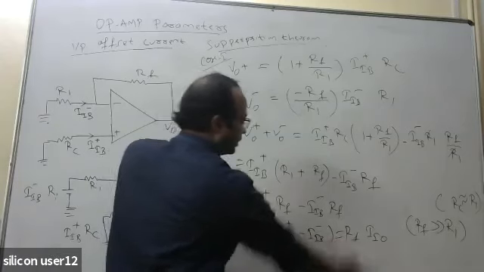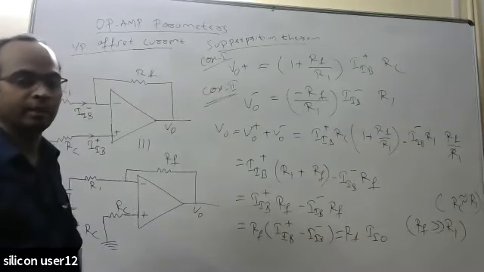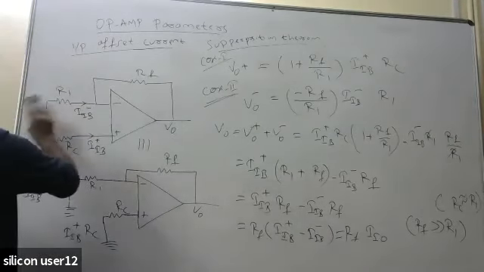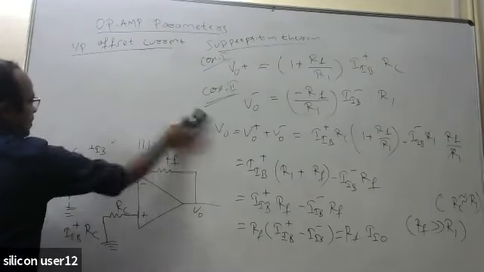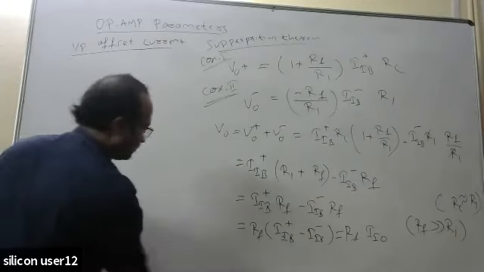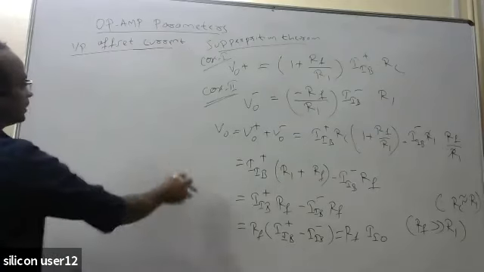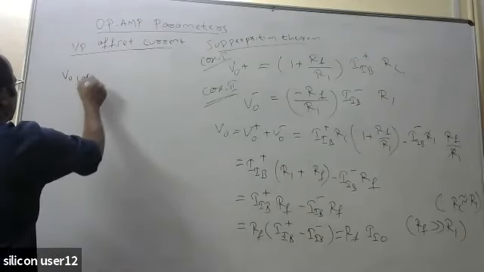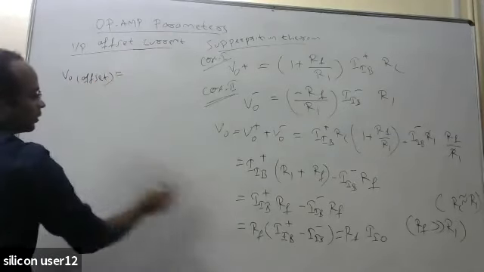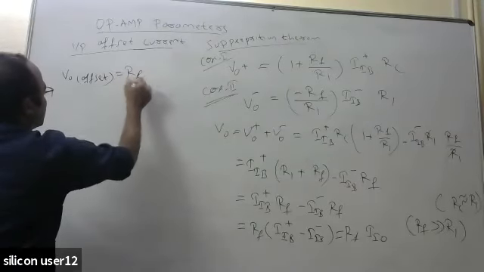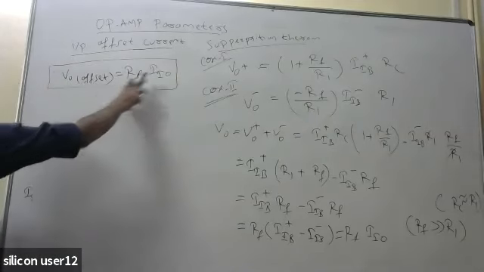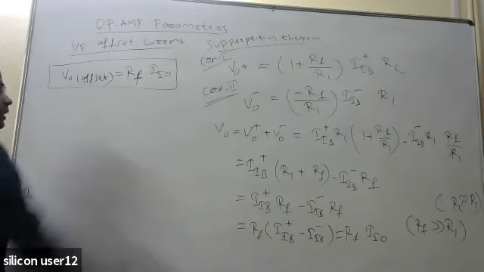The difference of these two is called II0, the input offset current. So your final formula is V0 offset equal to RF into II0. That means the offset voltage due to the input offset current is equal to RF into II0.